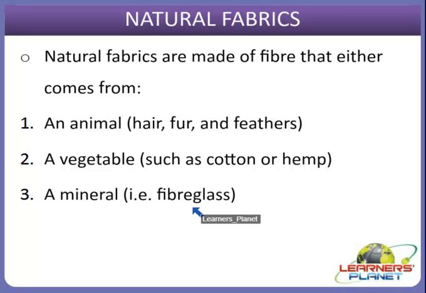The first truly synthetic textile was nylon, which was invented in 1930 and was very influential during World War II as well as the post-war times. So in today's time, natural fabrics and synthetic fabrics both are in very high demand.